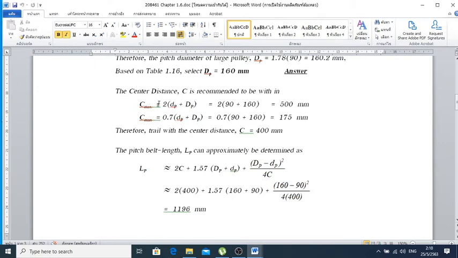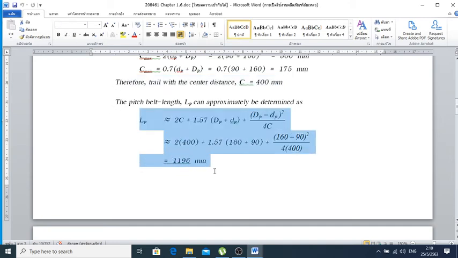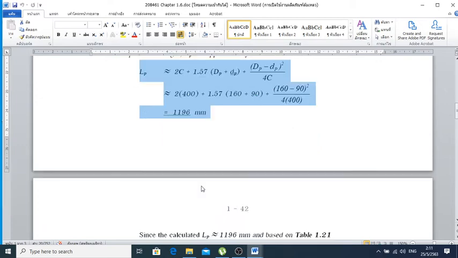And therefore, the C max and C min are automatically determined by this kind of equation. So I make a selection by trial and error. I get L sub P in the range of 1,100 something.